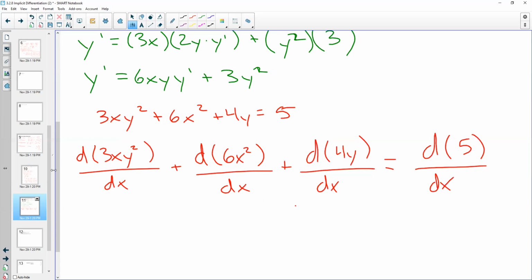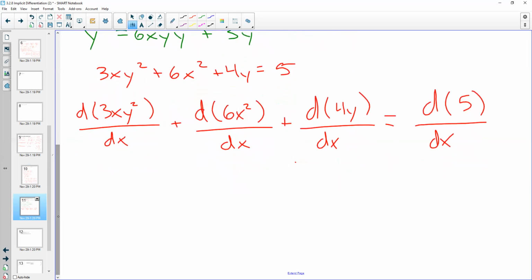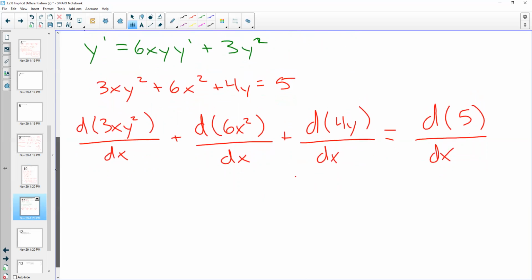So the derivative of 3xy squared is 6xy y prime plus 3y squared. We already worked that out. So we will get 6xy y prime plus 3y squared plus the derivative of 6x squared, so 12x.